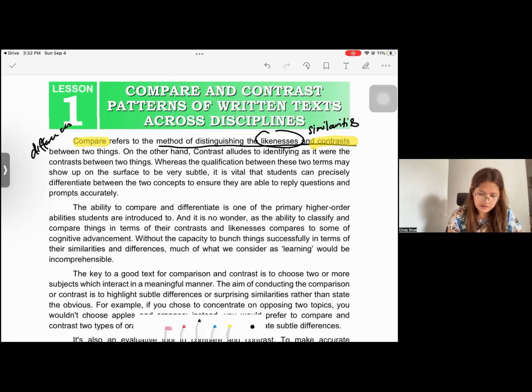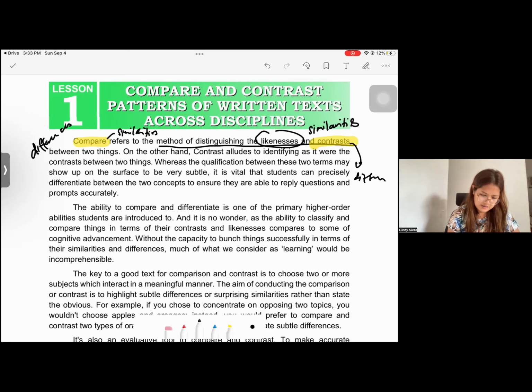Contrast alludes to identifying the contrasts between the two things. So again, compare, you distinguish the likeness between two things, but the contrast, you highlight what's different. To make it easier, compare is the similarities, and contrast is the differences.